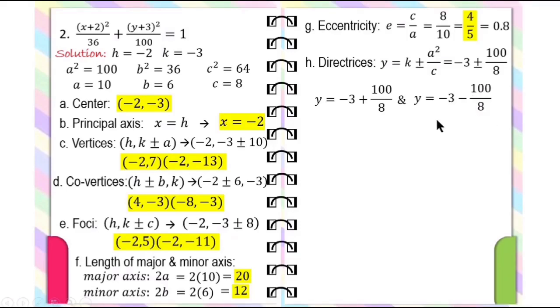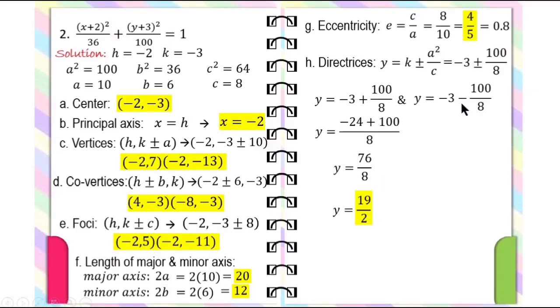Simplify. 8 times -3 is -24, plus, copy 100 over the denominator 8. -24 plus 100 is equal to 76 over 8, or 19 over 2. Divide the numerator and denominator by 4. 76 divided by 4 is 19, and 8 divided by 4 is 2.